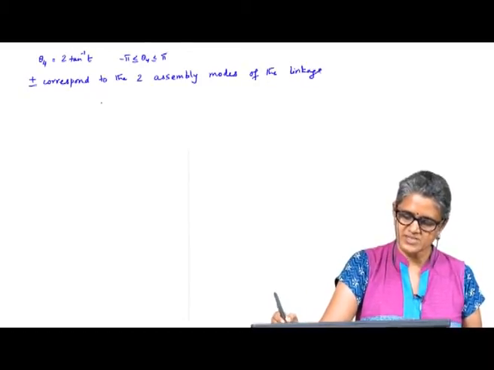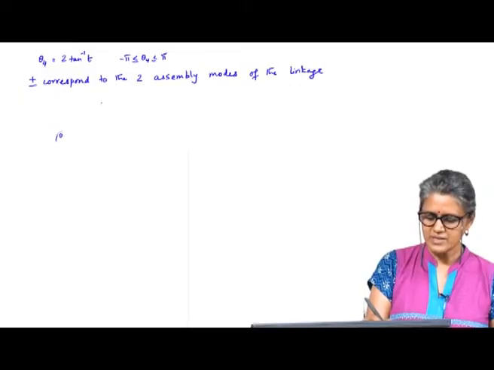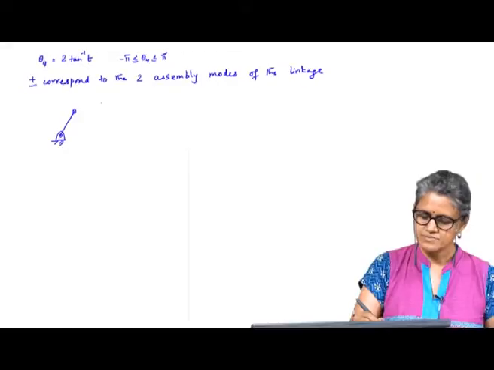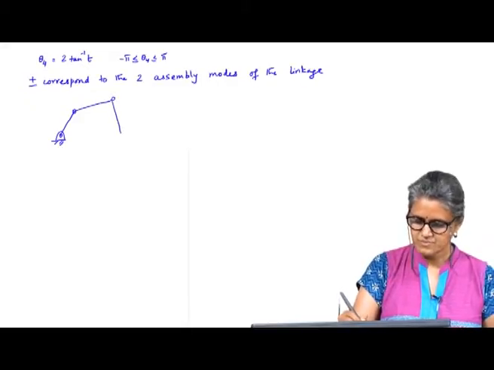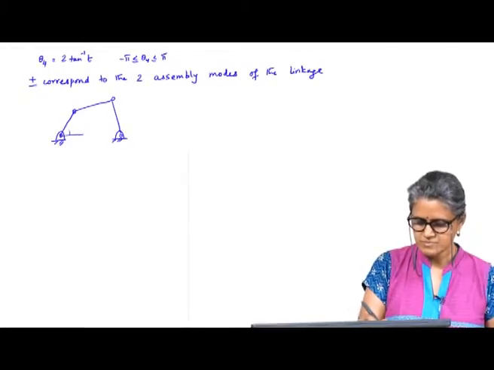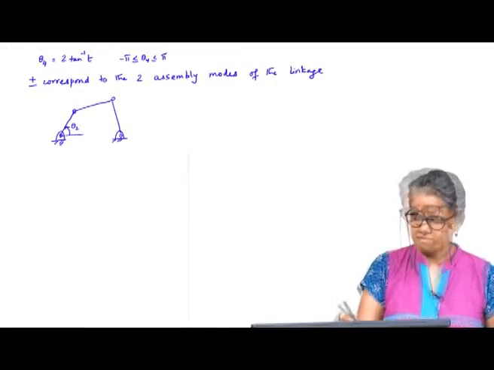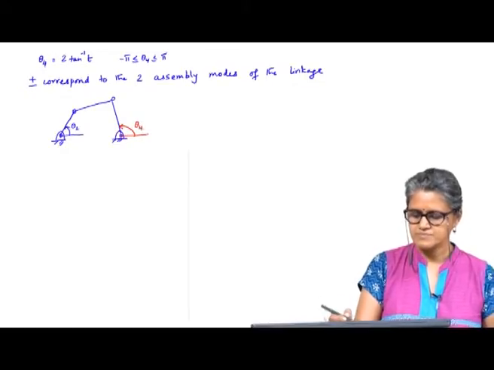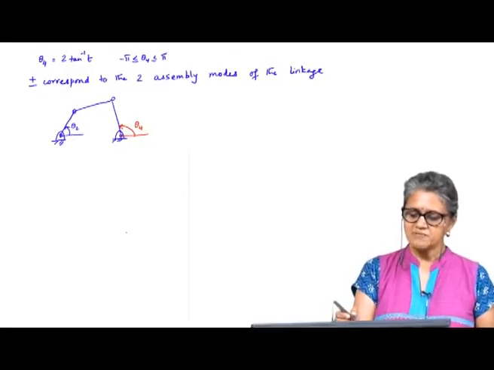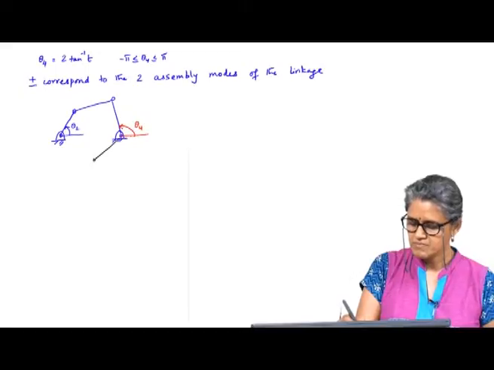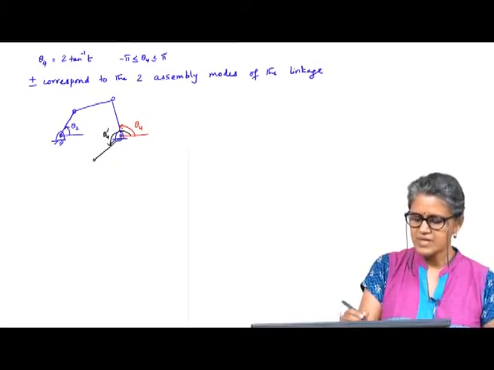What that means is, for a particular angle theta 2, you have theta 4 and another value theta 4 dash.